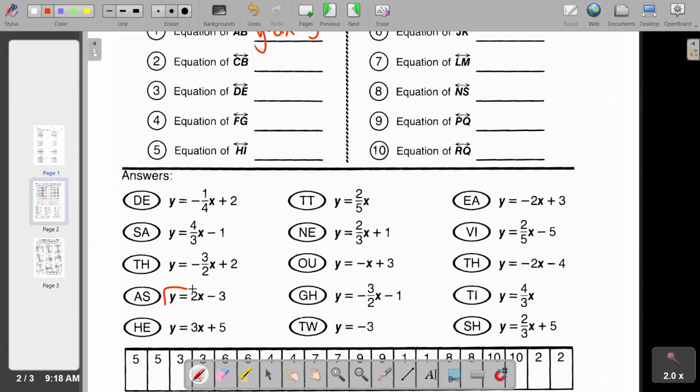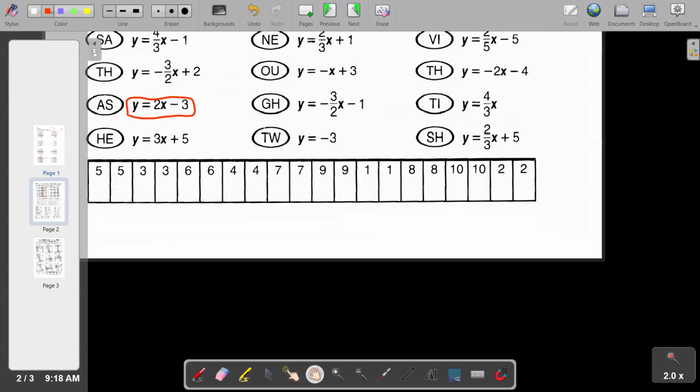You would agree? Since that was problem 1 and the letters of my answer are A and S, I'm going to go to the bottom in the little decoder dad joke place, find the boxes that say 1, and put A and S in there. That's it. So every time you're just going to graph a line and then write the equation of said line.